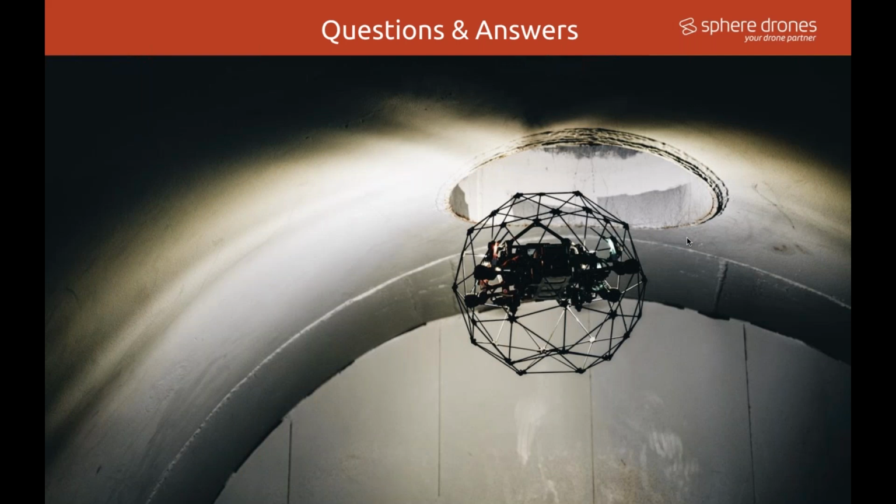Using the case studies for examples, are you able to comment on the type of accuracies that we've been able to achieve to date with the photogrammetry for the Elios 2? In general terms, it doesn't have to be using the case studies.